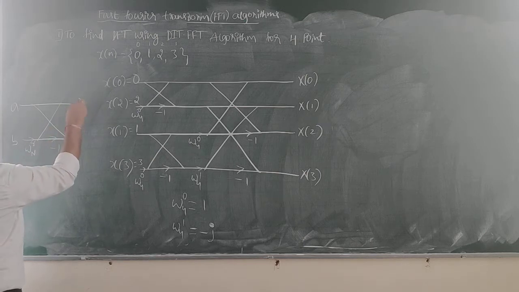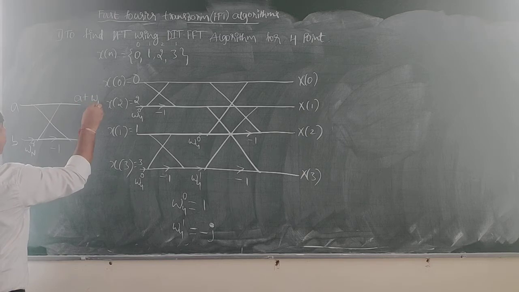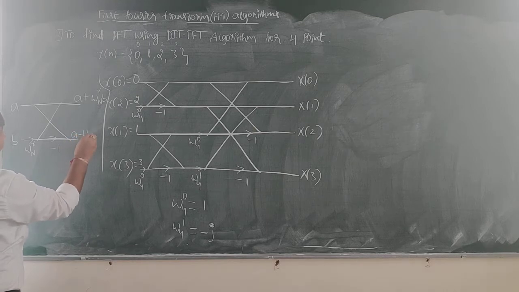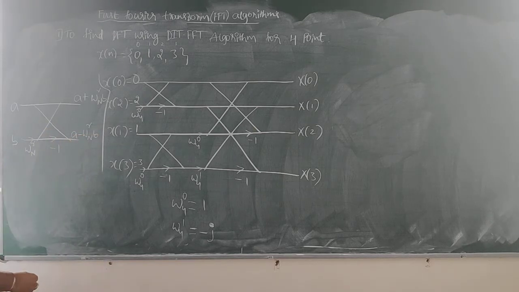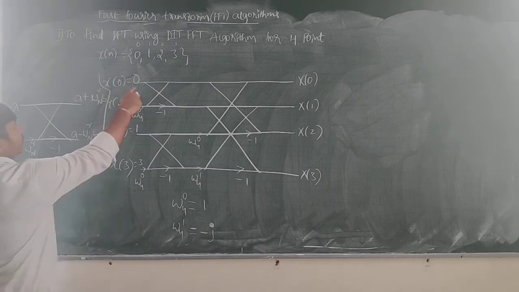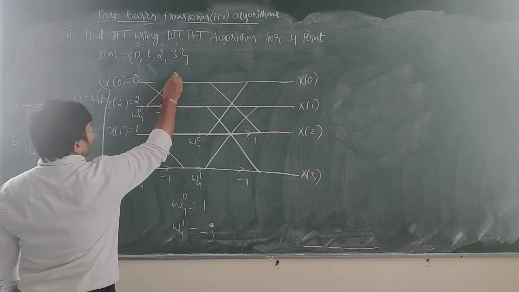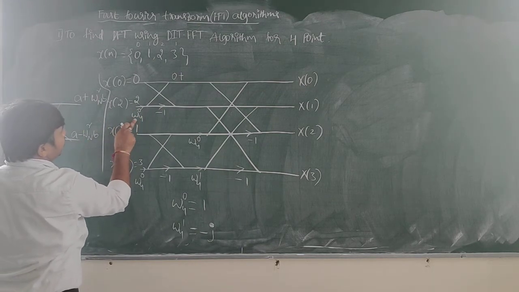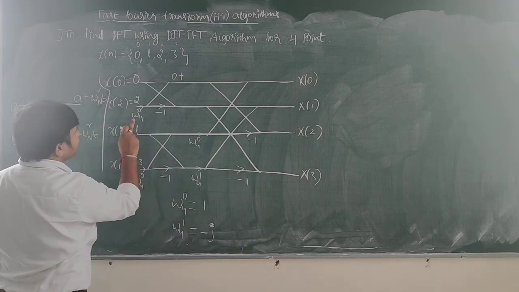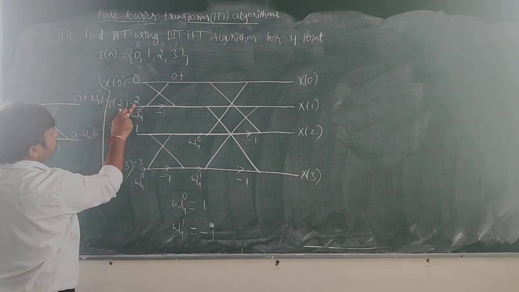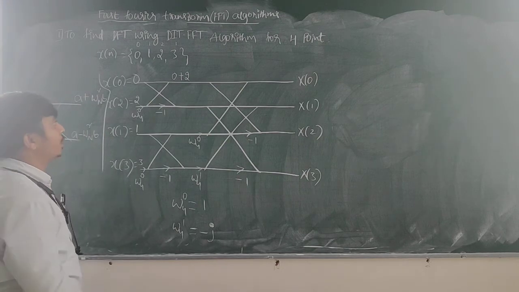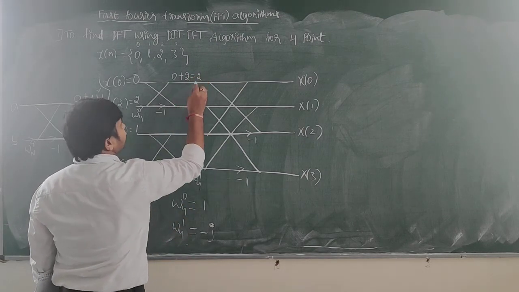So the upper output is A plus W n power R into B, and the lower output is A minus W n power R into B. Therefore, look here: 0 plus W n power R, which is 1, into B. B value is 2, so 1 into 2 is 2, and 0 plus 2 is 2.